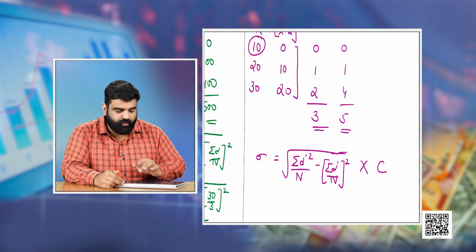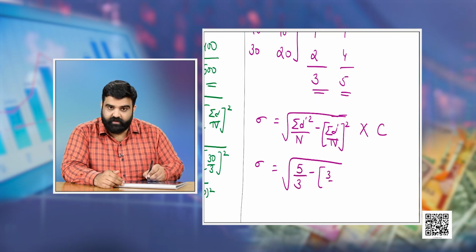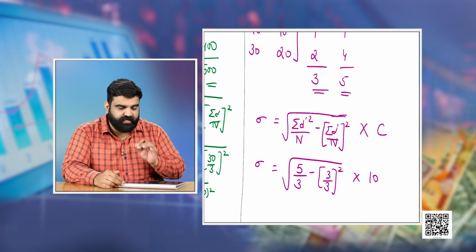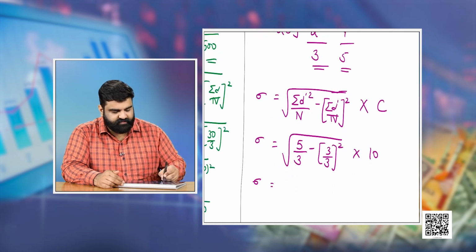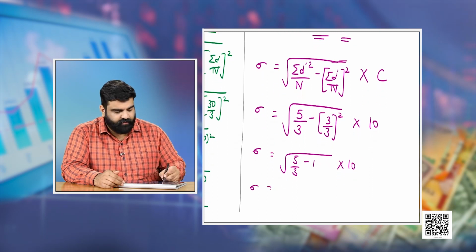There is no square root on c. So, let us input the values. We have 5 by 3 minus 3 by 3 the whole square into 10. 10 is the common factor which we took out of d. So, the answer is 5 by 3 minus 1 into 10. So, let us move ahead and calculate this.